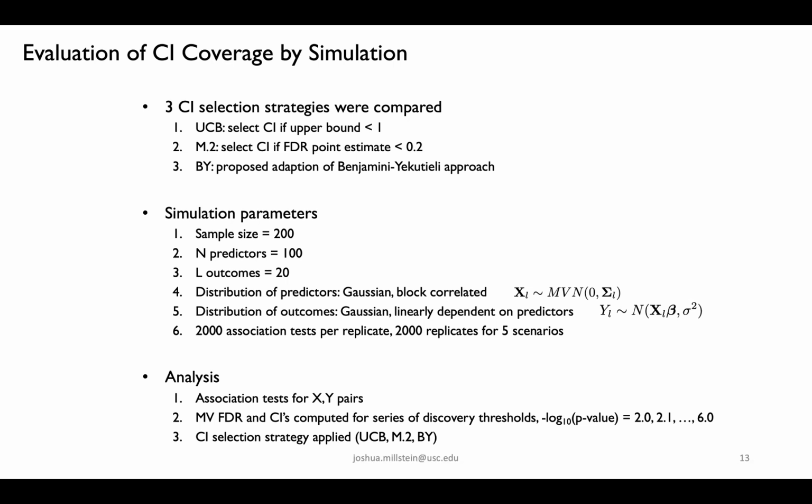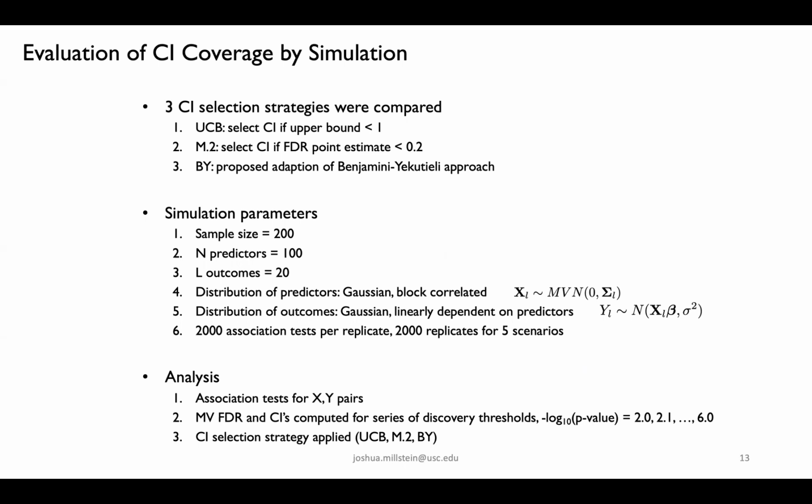So one approach would be to select the interval if the upper confidence bound is less than 1. That's essentially the approach that I have been taking, looking at the confidence interval and saying if the upper bound is less than 1, or at least somewhat less than 1, then the FDR is probably low enough for the point estimate to be meaningful, and the confidence bound to be more meaningful.